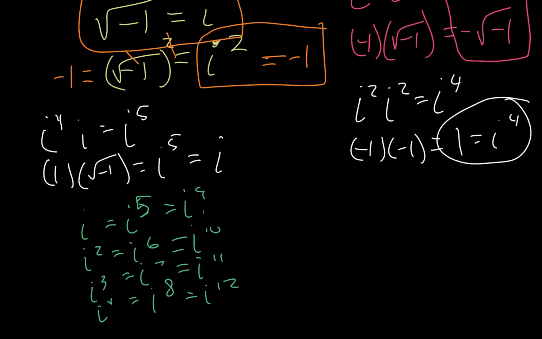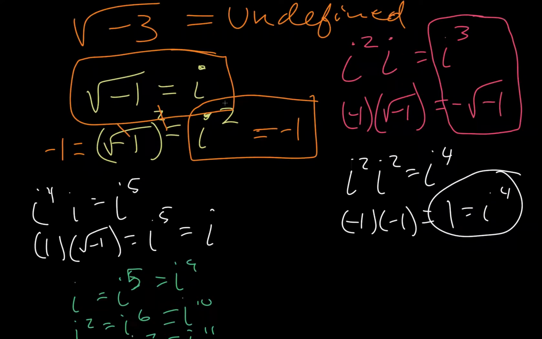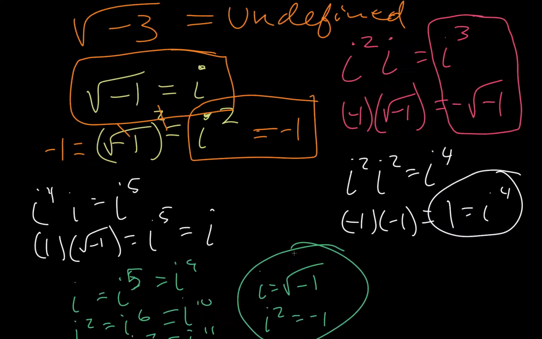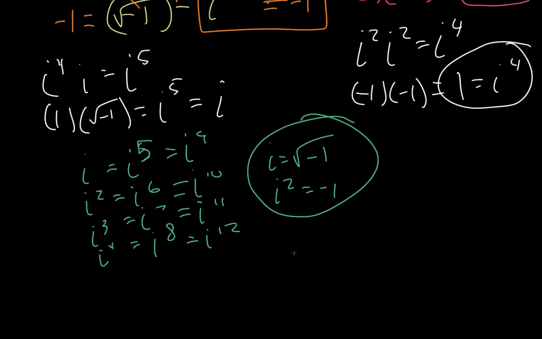Once again, we're not going to use a ton of this. You want to come back up, and the two main relationships are i is equal to the square root of -1, and i squared is equal to -1. These are the ones we're going to use the most. So if that other stuff kind of confused you, try to just take it as an FYI. I think it's cool that it loops around like that, but in this class we don't use that often or at all.